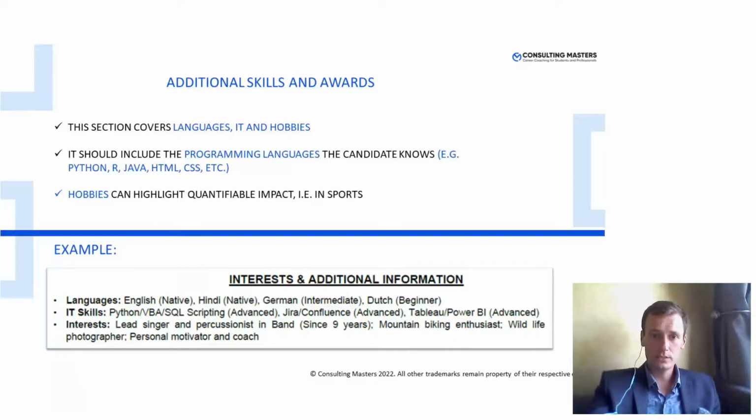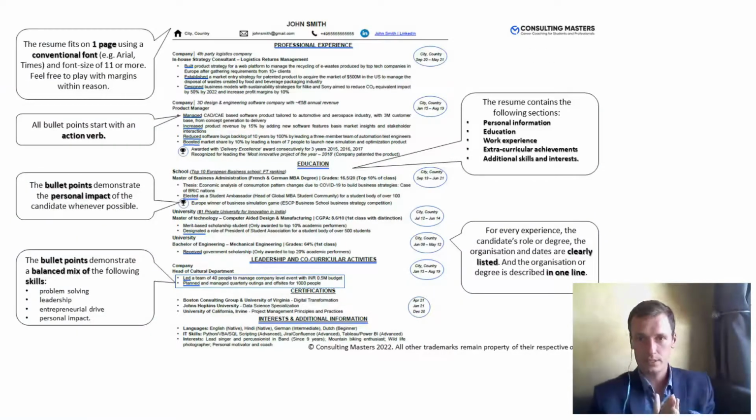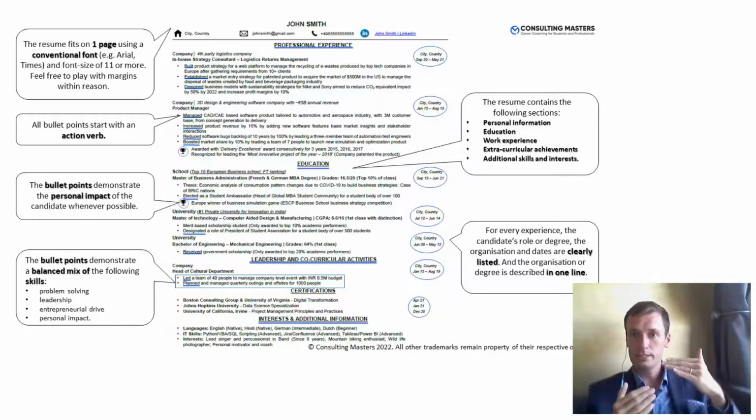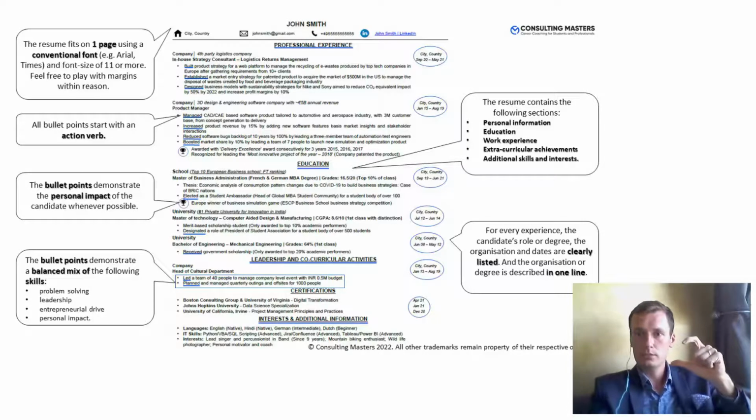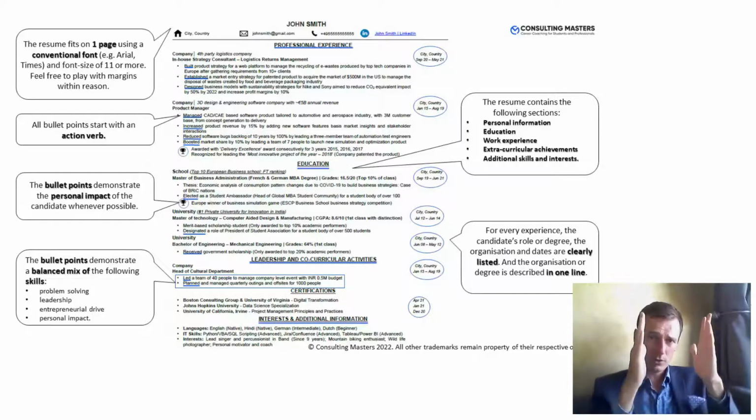So now, as you see, I just want to highlight to you one more time all the necessary things, once again, which you need to be having in your CV. First of all, the structure. It is consisting of your personal information, your education section, your work experience section, your extracurricular sections, as well as your additional skills and interests. And then try to fit everything in just one page using the most conventional verbs.